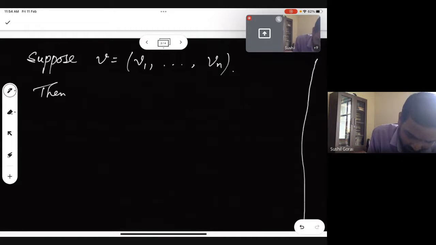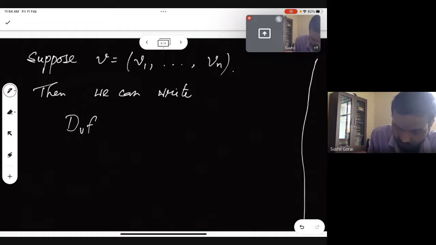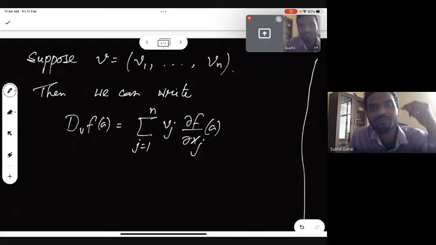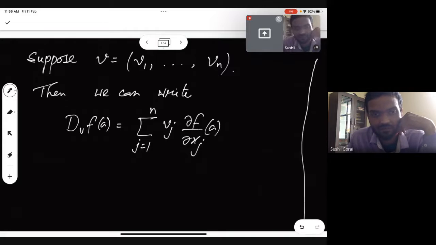Then we can write D_V f at A is the summation of Vj del f by del xj at A. Is this correct? Everybody is clear about this?